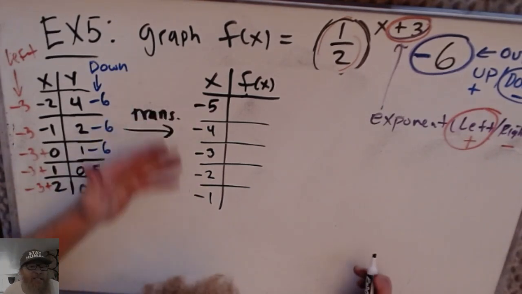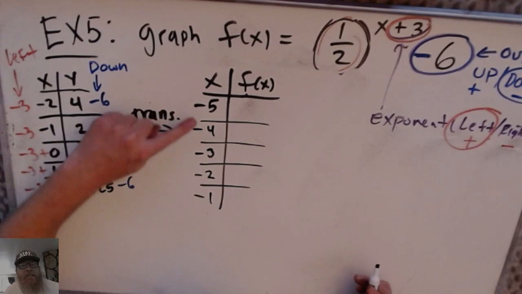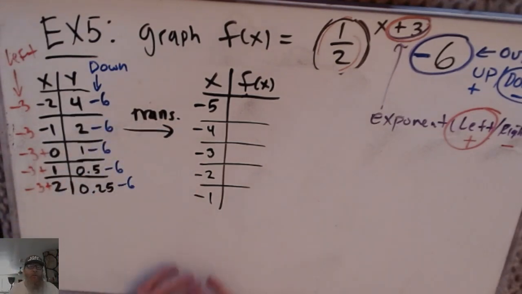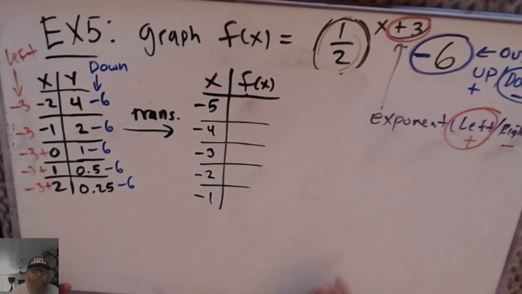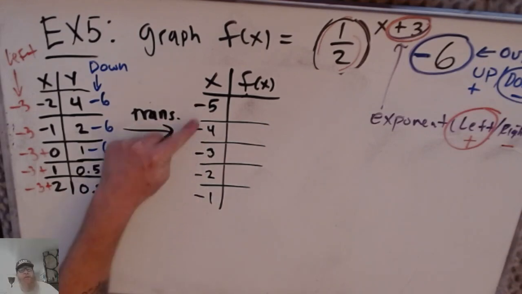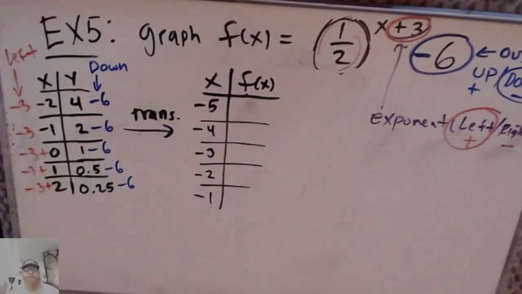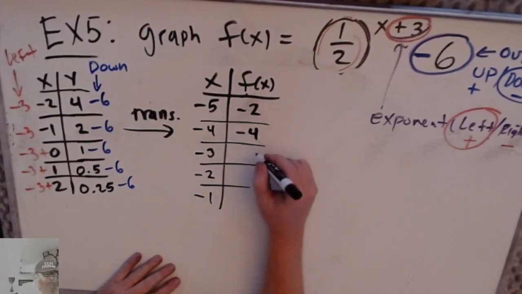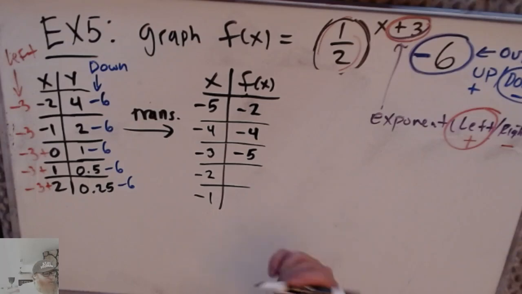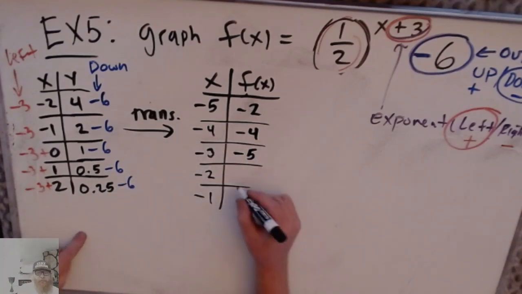It's not always these exact numbers, but you always get a nice sequence of points. If you don't, then you did something wrong. Now that pattern only exists in the x's. The y's are just going to be whatever they come out to be. -2, -4. There is a pattern, but it's not quite as recognizable as this one.